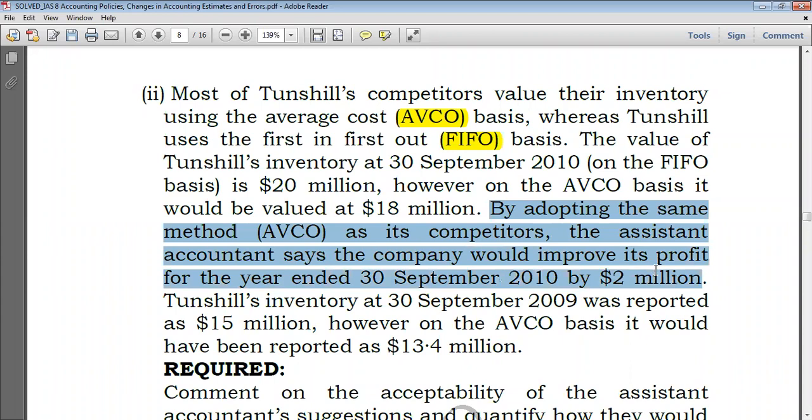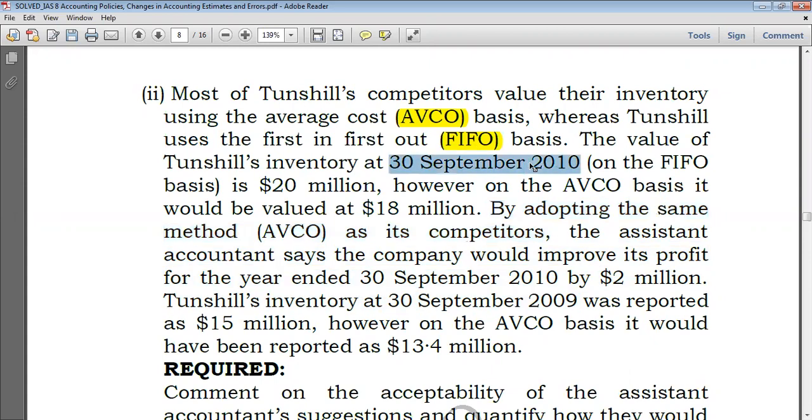Now you want to see if this is right or not. That's just the opinion. Tanshil's inventory at 30 September 2009, actually at the end of the previous period, means at the beginning of this year. This year ends 30 September 2010, so it started on 1st October 2009, which is almost the same as 30 September 2009.